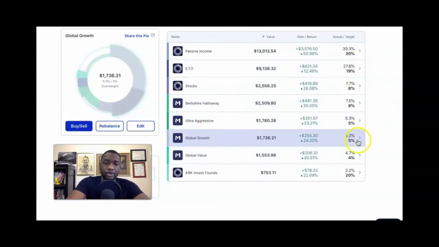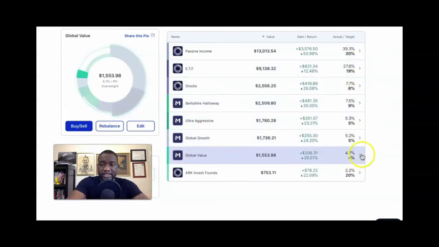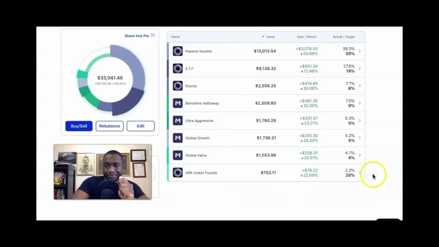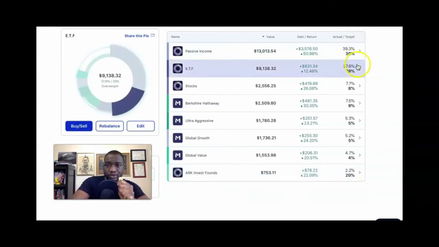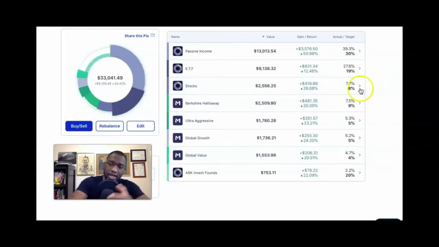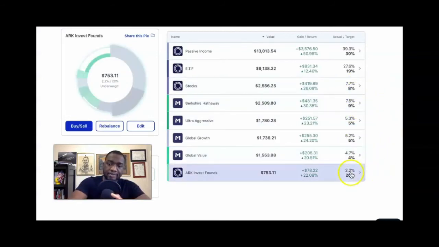Now, what M1 does is anytime I put new money into the portfolio, when I transfer money from my checking account into the portfolio to put it to work, M1 will look at the portfolio and say which one is underweight, which one doesn't have enough money in it, right? So M1 goes and actually purchases those.